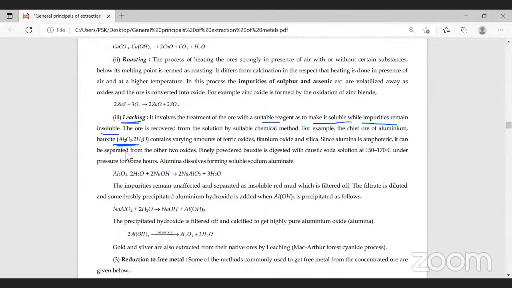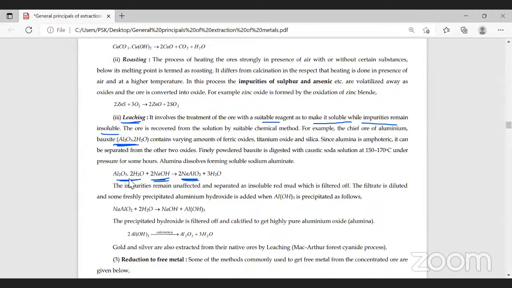If you have to concentrate bauxite, it is first allowed to react with sodium hydroxide. When bauxite reacts with sodium hydroxide, we get sodium aluminate, 2NaAlO2, because aluminum oxide is soluble in sodium hydroxide. All the impurities will not be soluble in sodium hydroxide.